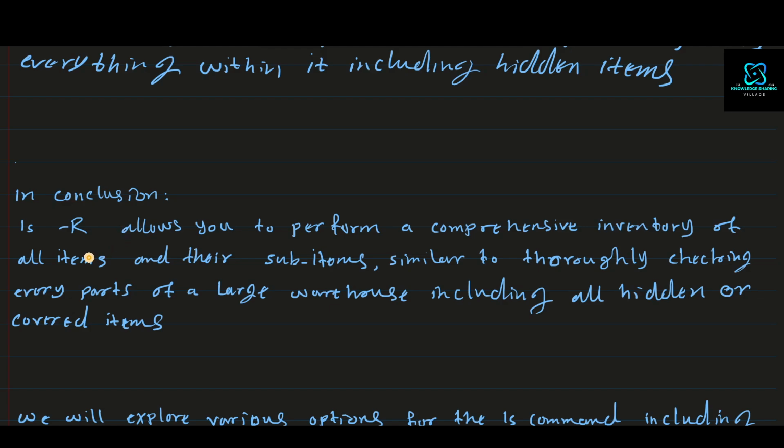In conclusion, using the ls command with option R allows you to perform a comprehensive inventory of all items and their sub-items, similar to thoroughly checking every part of a large warehouse, including all hidden or covered items.